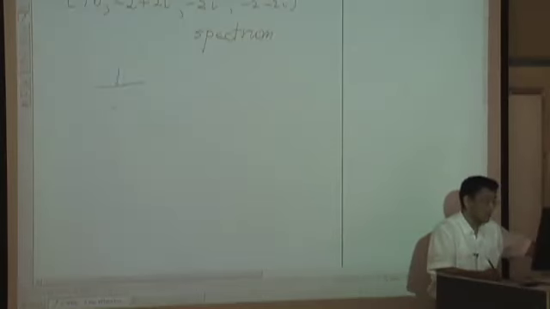1 over n happens to be 4, right? 1/4 sum of k running from 0 to 3, and then w to the power of minus k n, and then a k.